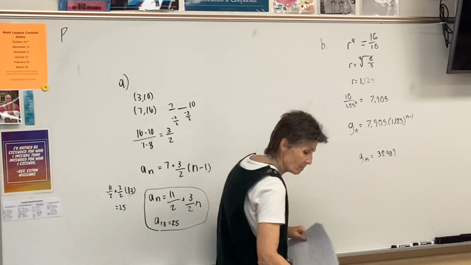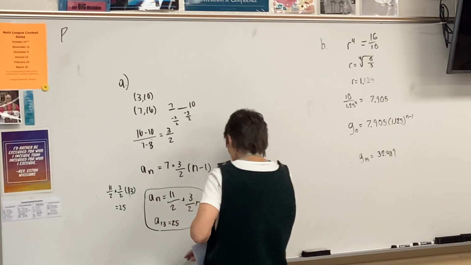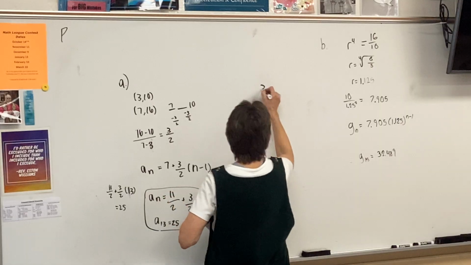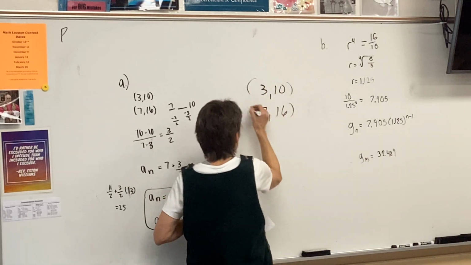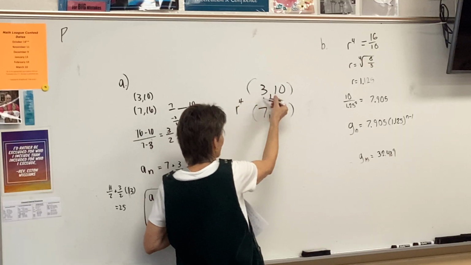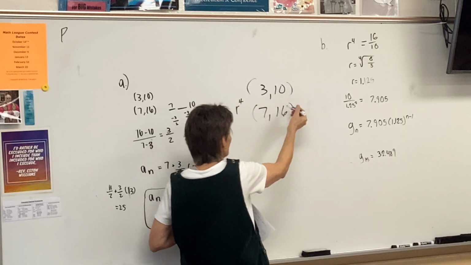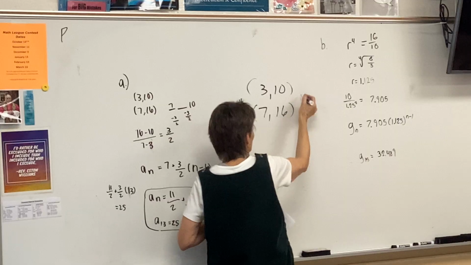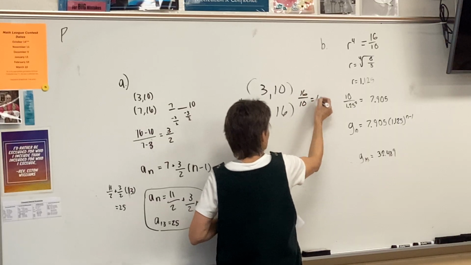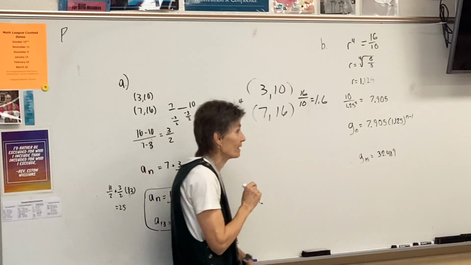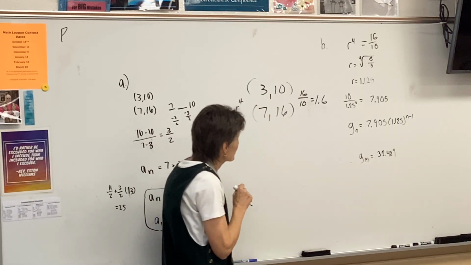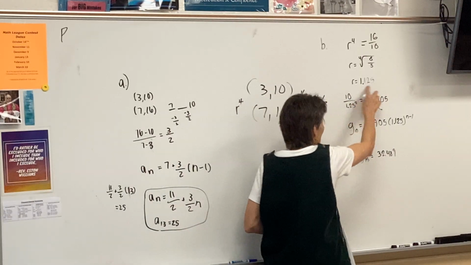Over here for geometric, now remember when it's geometric, we have 310 and 716. So we got r to the fourth here. We're doing 4 multiplications, and the total multiplications is 16/10 or 1.6 or 8/5. How do you want to think about it? So we fourth rooted and got that as an r value.